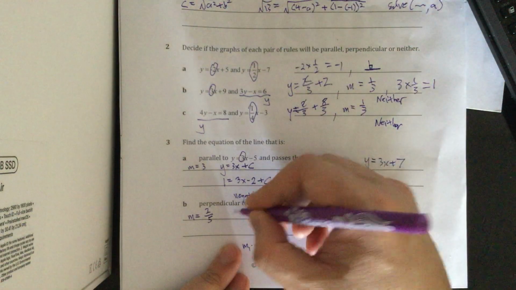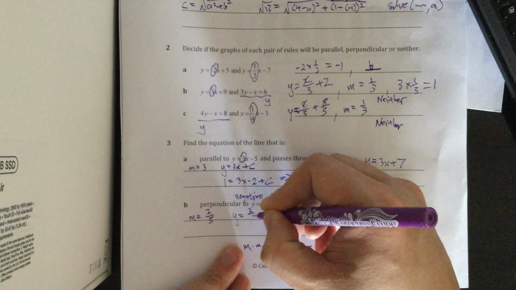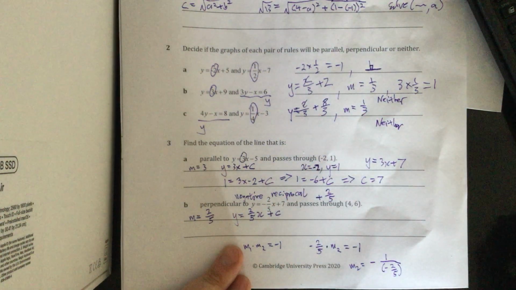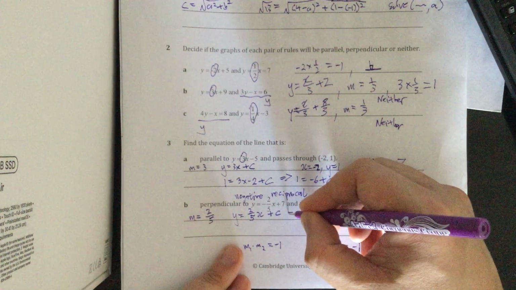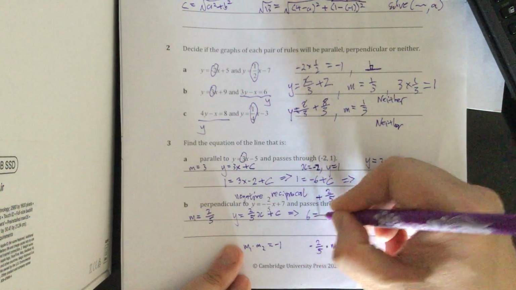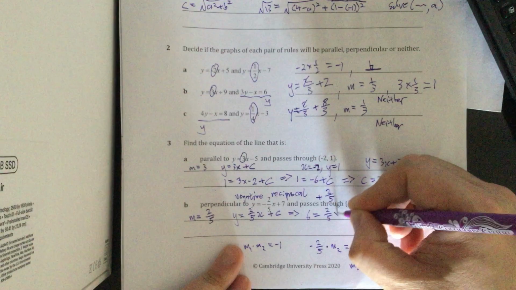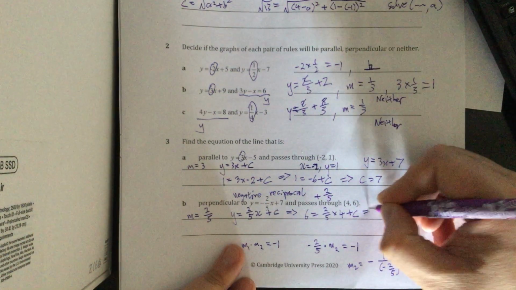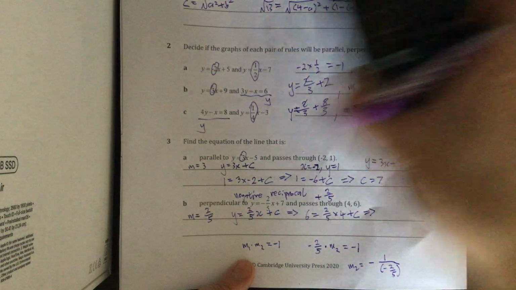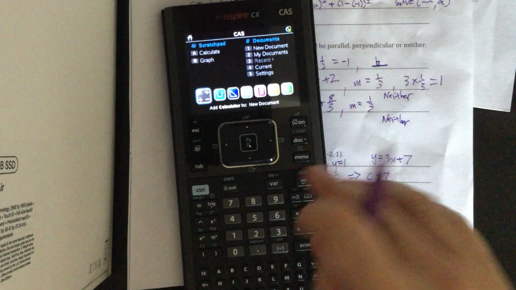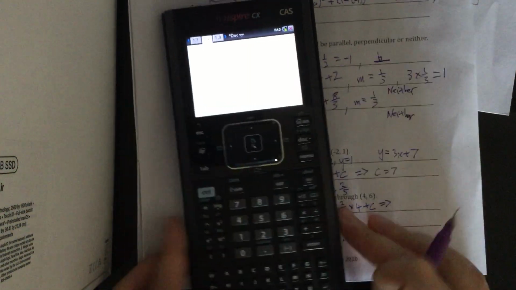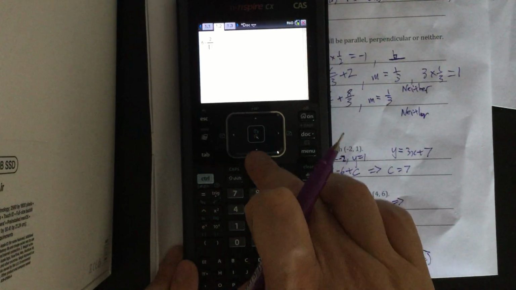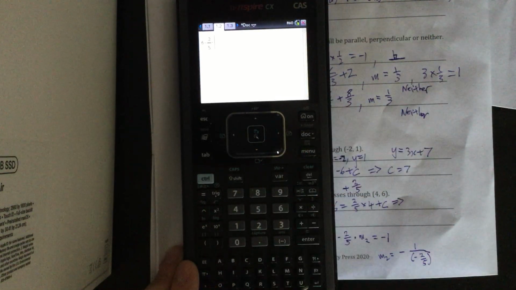And so the new equation should be y equals 2/5x plus c. Do we know what x and y equal? Sure we do. 6 equals 2/5 times 4 plus c. From this point here, solve for c. Now what does that equal? To solve for c, you simply go 6 minus 2/5 times 4.